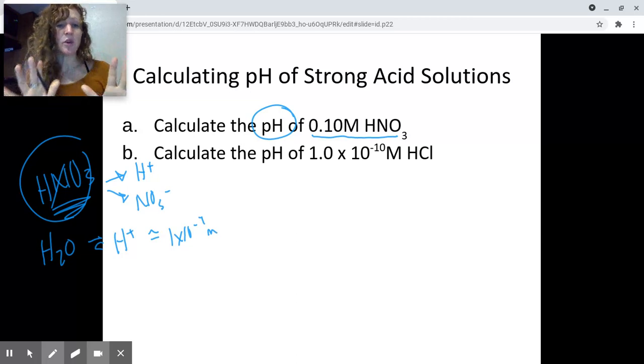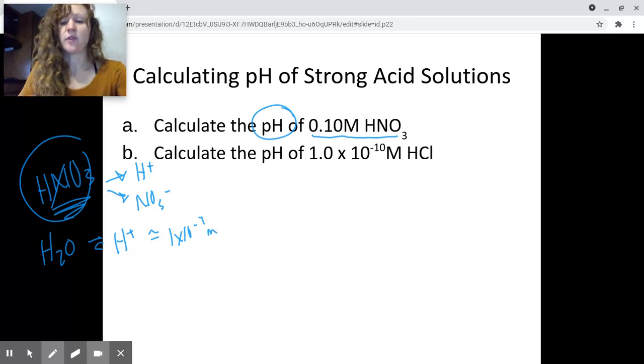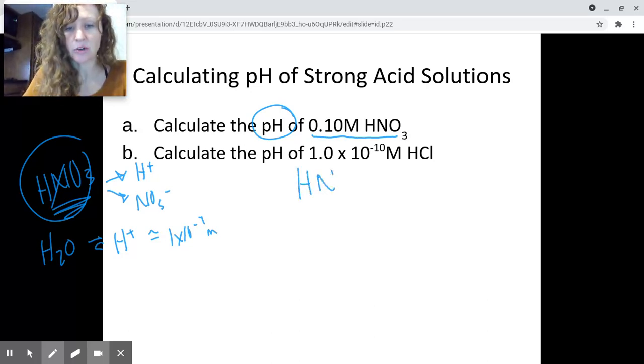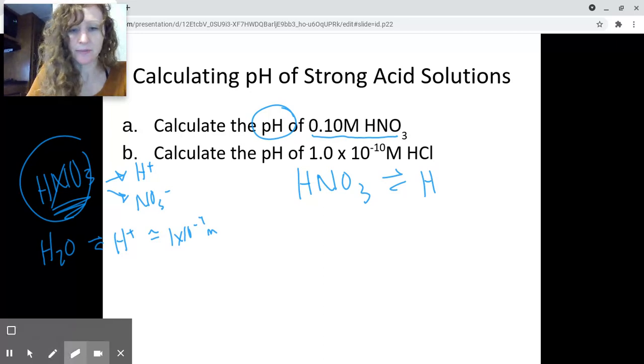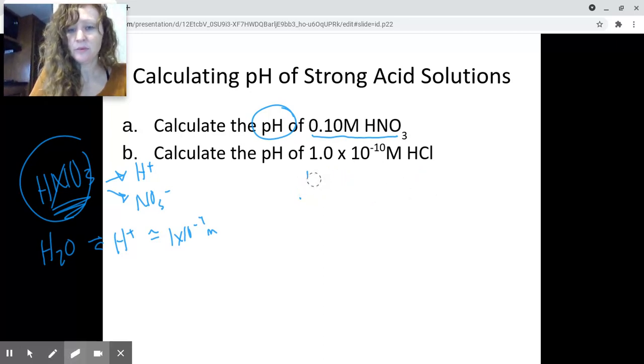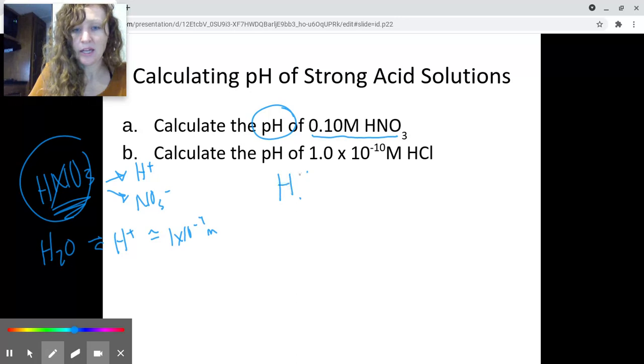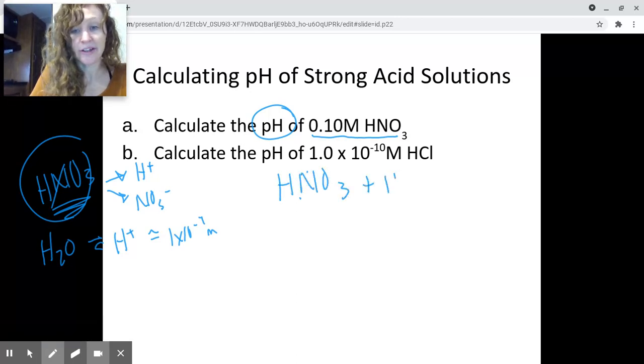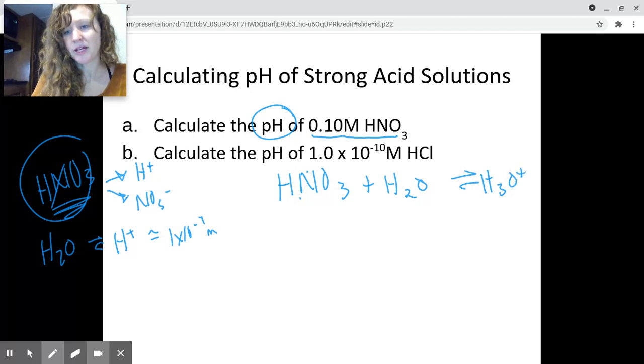So once you know what's present, you can set up any reaction that's convenient. So for this one, it's really straightforward. Our reaction is just going to be HNO3 goes to H. Well, actually, let's do HNO3 reacts with water to form H3O plus and NO3 minus.